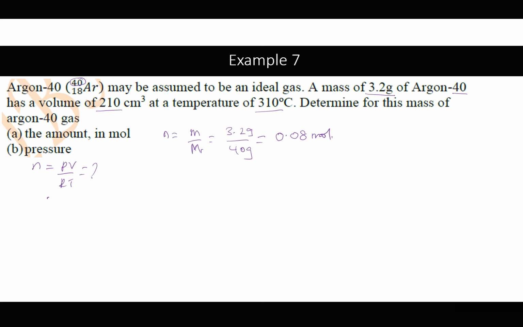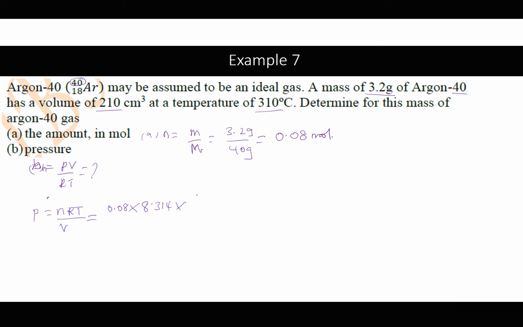So this was part A. Part B, the pressure. Now I can use this expression very easily because I know the number of moles. The pressure is going to be number of moles times RT divided by the volume. I'm now substituting. The number of moles is 0.08. Molar gas constant is known, 8.314.